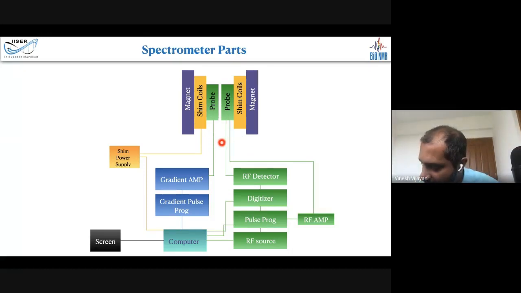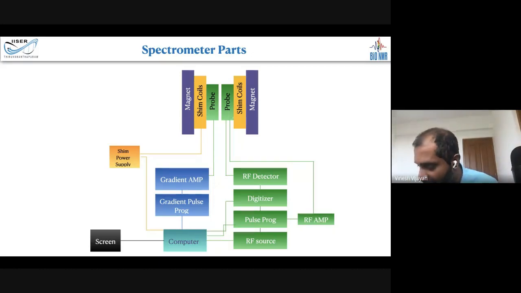Then the RF output of the RF amplifier goes directly to the probe. There is a preamplifier here, but the preamplifier doesn't do anything for this path, which then goes to the probe for a particular channel. If carbon-13 has a particular frequency, you have to have exactly that frequency being generated here. That particular RF power goes to that particular RF coil in the probe.